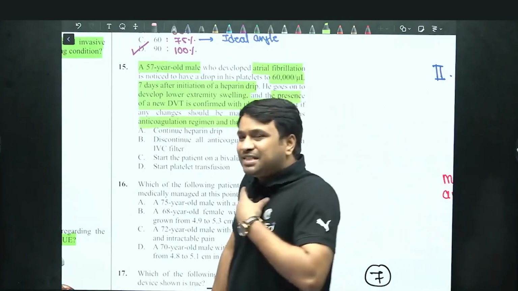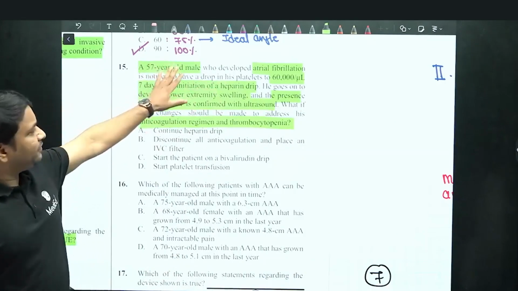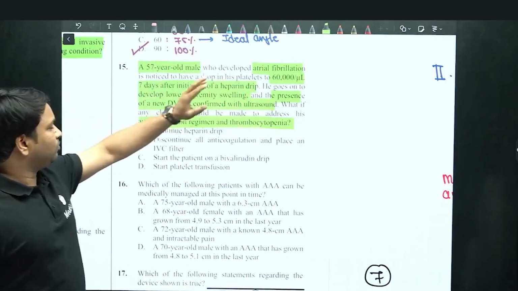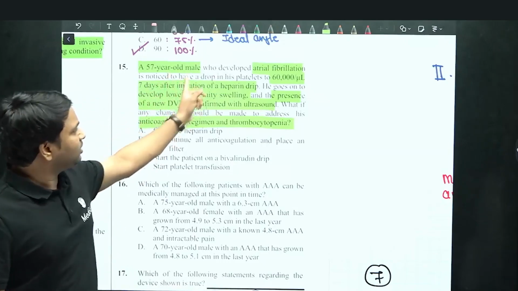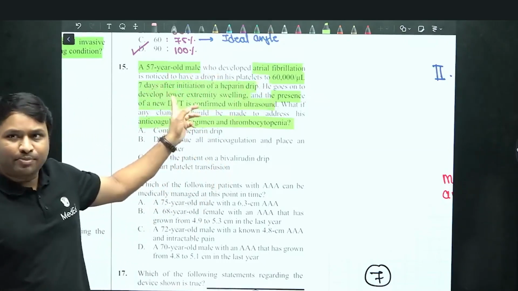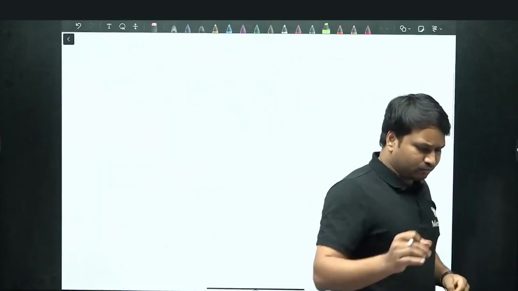So basically, he started to develop thrombocytopenia. There's a drop in platelets. He had AFib, so we are giving a blood thinner, and after giving the blood thinner, there's a drop in platelets. Okay? So after giving heparin, there's a drop in platelets, so hence it is called HIT syndrome, right?